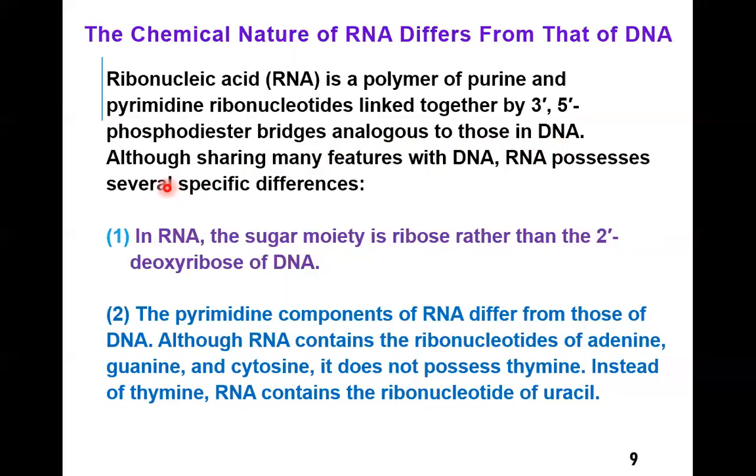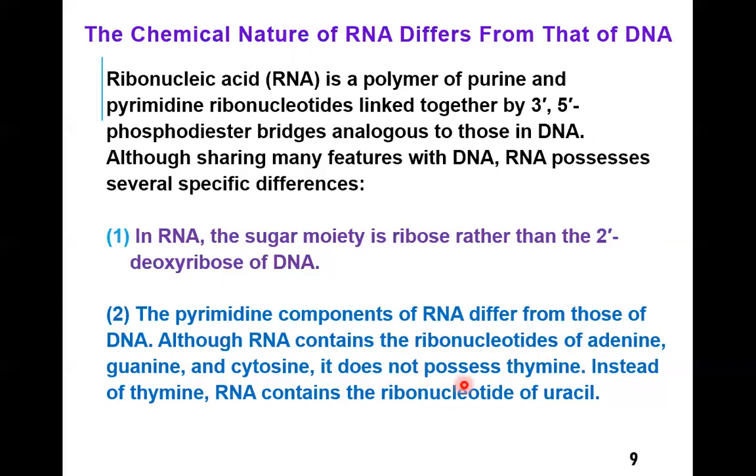So DNA and RNA have several specific differences. Number one, in RNA, the sugar moiety is ribose rather than 2-deoxyribose of DNA. Number two, the pyrimidine components of RNA differ from those of DNA. RNA contains the ribonucleotides of adenine, guanine, and cytosine.